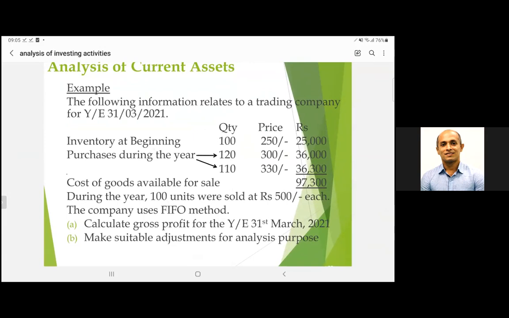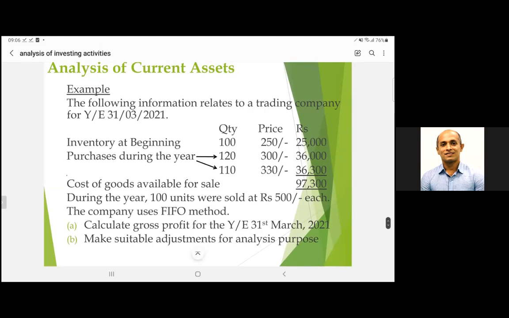You see inventory at the beginning, then purchases: 120 units at 300, and 110 units at 330. During the year, 100 units were sold at 500.